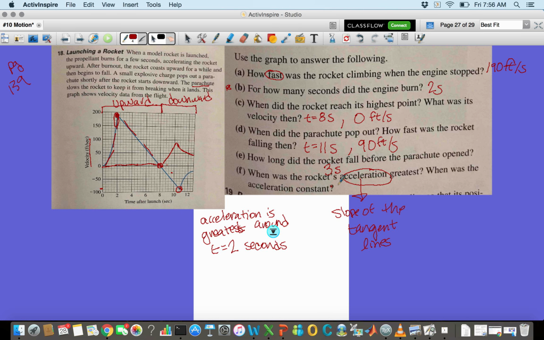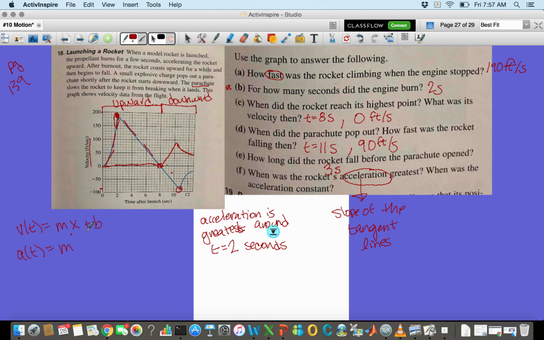When was the acceleration constant? When are these tangent lines not changing? You can see that basically whenever velocity is linear, then acceleration would be constant. For those of you that are more into equations, if velocity is some kind of linear equation, mx plus b, then acceleration would be the derivative of that, which is just m, that slope.